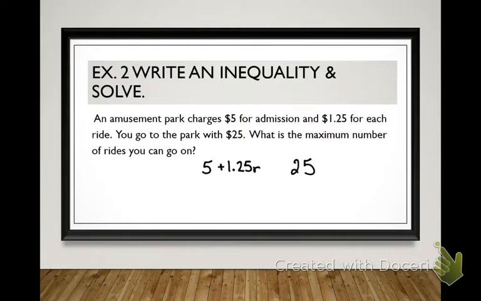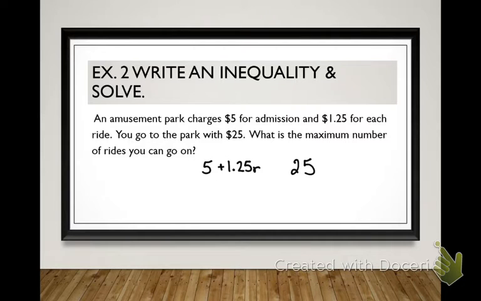So now tell me, how does this combination of values need to compare with 25? Does that combination need to be less than 25, greater than 25, less than or equal to? What do you think? Think about the scenario here. You have to spend $5 to get in and $1.25 per ride.